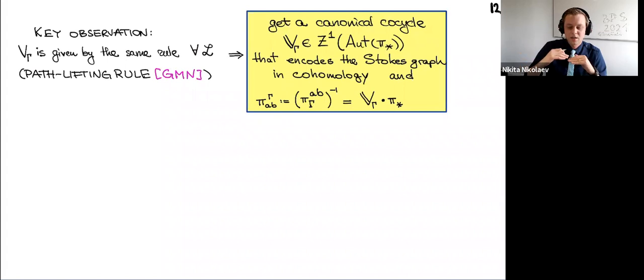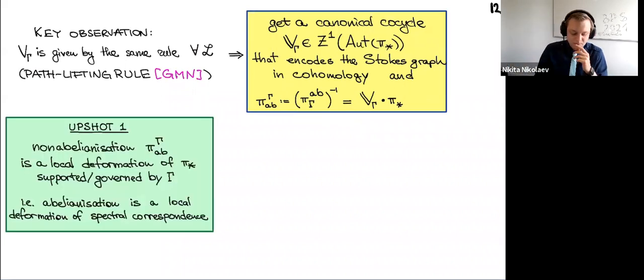Well, the answer is that you encode the Stokes graph in cohomology, and the cocycle that you get in this cohomology is precisely what acts on your connection in order to abelianize it or non-abelianize it. In particular, another way of saying it is that the non-abelianization functor, the inverse equivalence, is a kind of local deformation of the push forward functor. I take a cocycle which is supported on the Stokes graph, and I act with that cocycle on the push forward functor. So that's upshot number one.